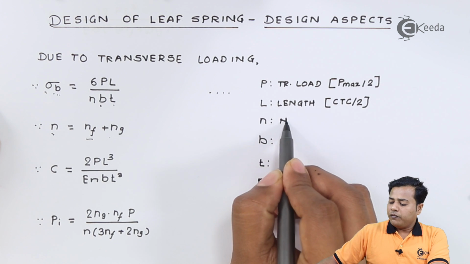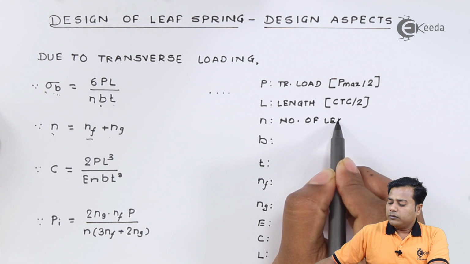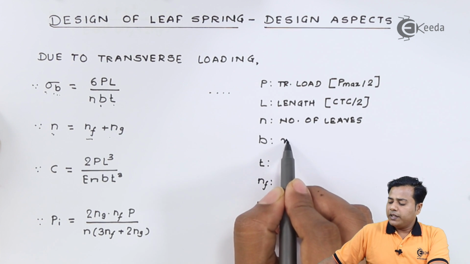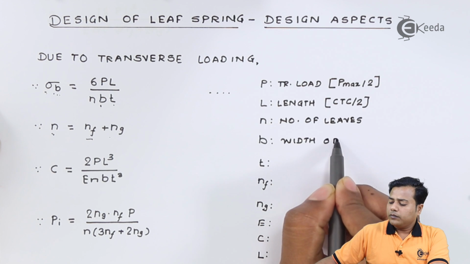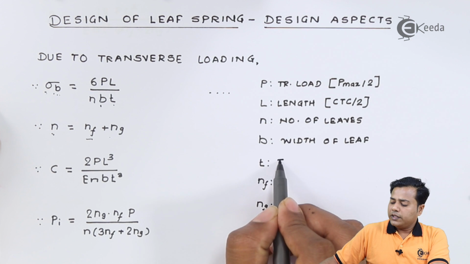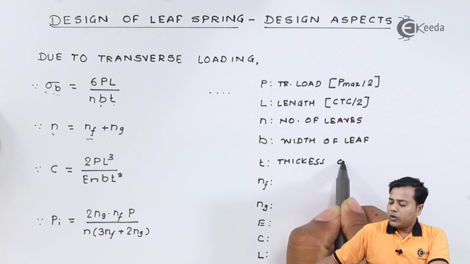N is the number of leaves. Then it's the width of a leaf. It is the thickness of leaf.